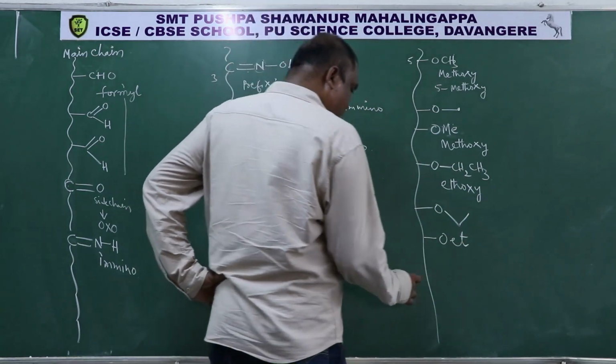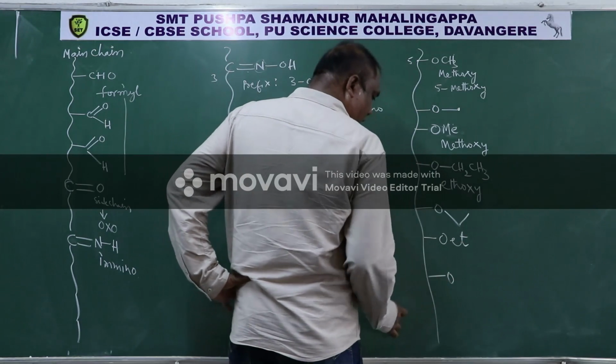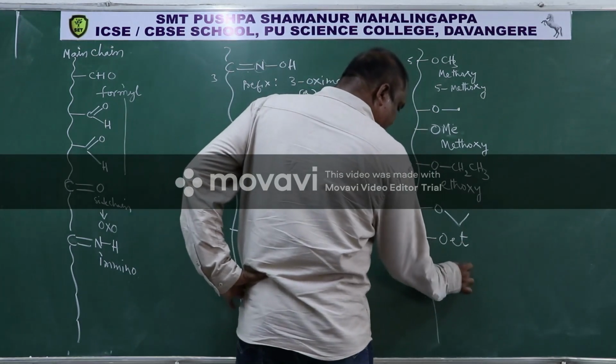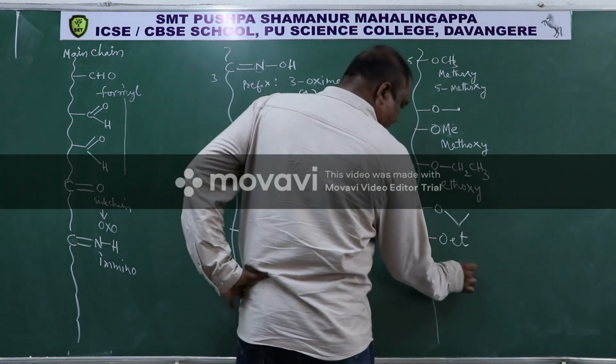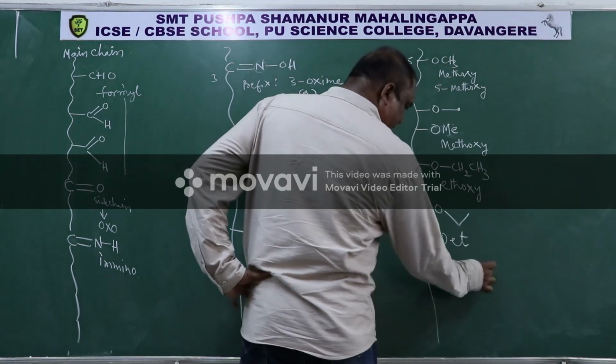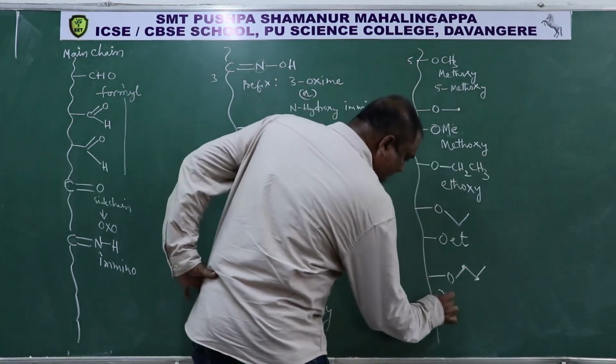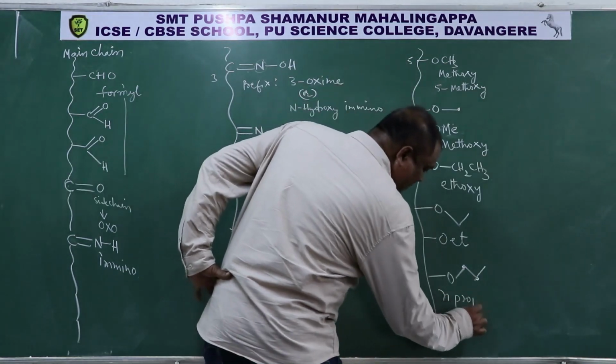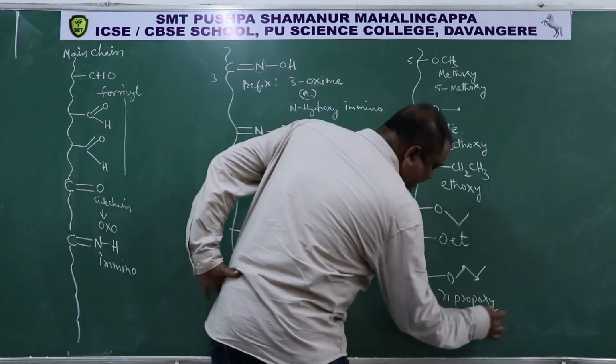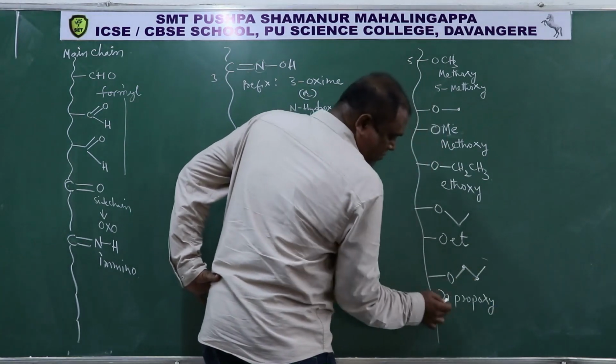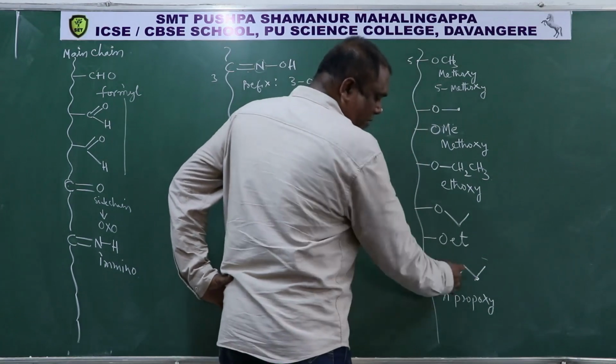Then O attached to CH2, attached to CH2, attached to CH3, then it is called n-propoxy, because this is an n-propyl group attached to oxygen.